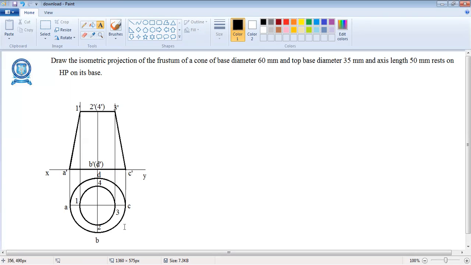Okay, we have to change this diagram into rectangular or square format by using your scales, and also the top circle.